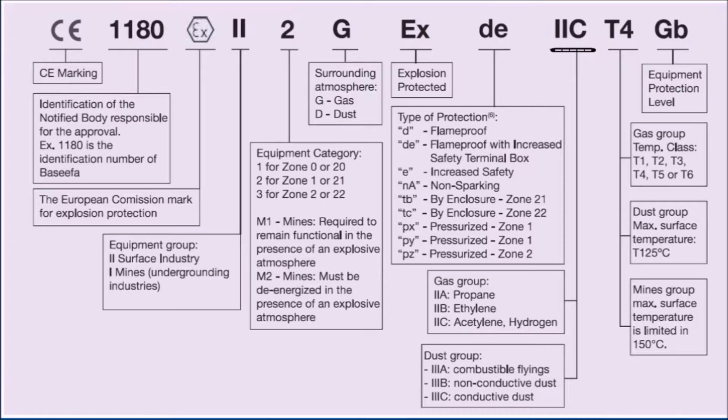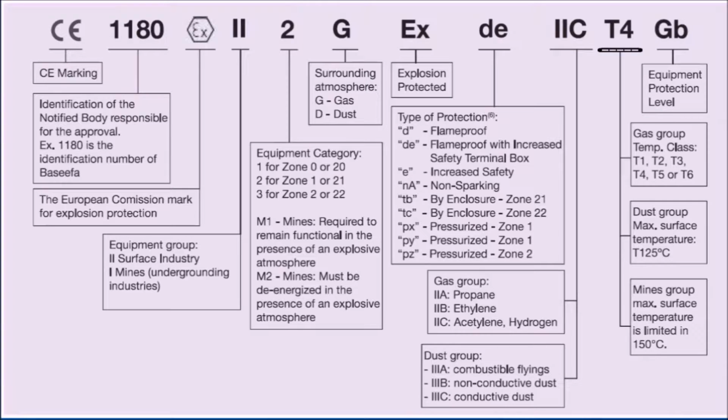The highlighted digit has Latin letters II for gas grouping, with an A for propane, B for ethylene, C for acetylene, and hydrogen. Letters II with an A for combustible flyings, B for non-conductive dust, and C for conductive dust.